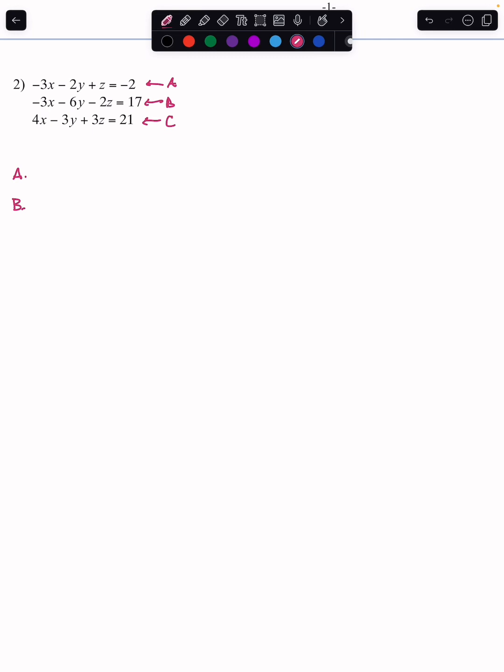Now, line A says negative 3x minus 2y plus z equals negative 2. Line B says negative 3x minus 6y minus 2z equals 17. And I told you guys I was going to go ahead and cancel out my z's.